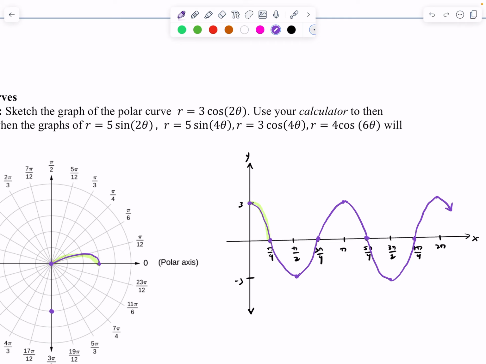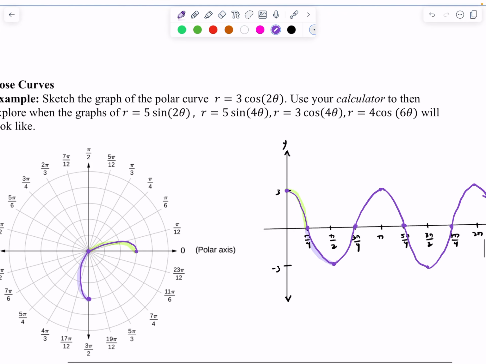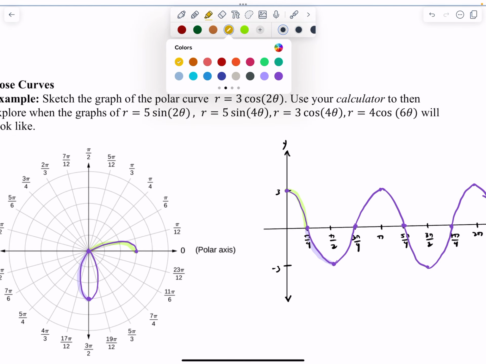So the graph would have gone kind of like so. And then r is still negative between pi over 2 and 3 pi over 4, so that would be this part of the graph. Use another color to highlight.